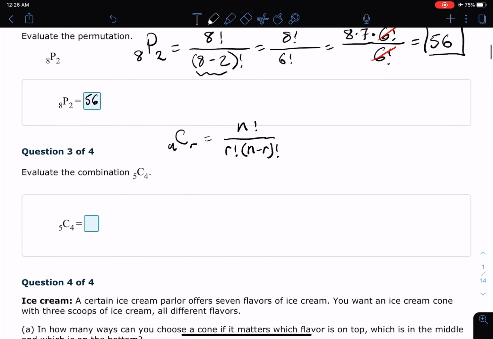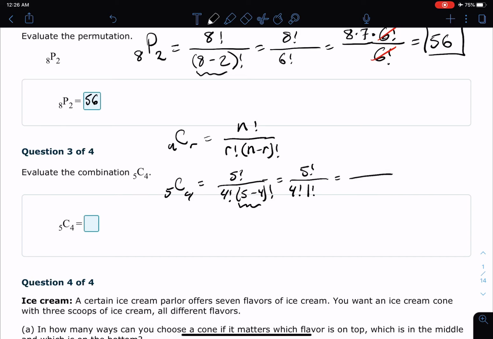So in practice, when we put this into our formula, we've got 5 factorial up top over 4 factorial times 5 minus 4 factorial. To simplify, that gives us 5 factorial up top, 4 factorial, and 5 minus 4 gives us 1 factorial.